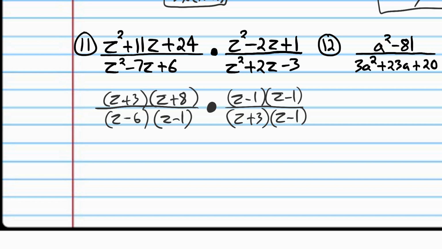All right, so now we just cancel out the like terms, and we have z plus 3, and z minus 1.